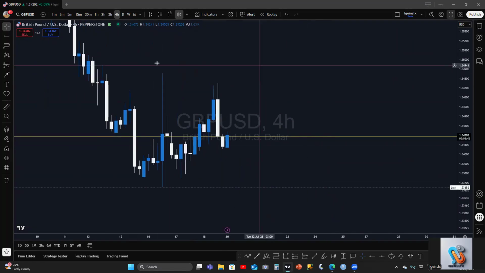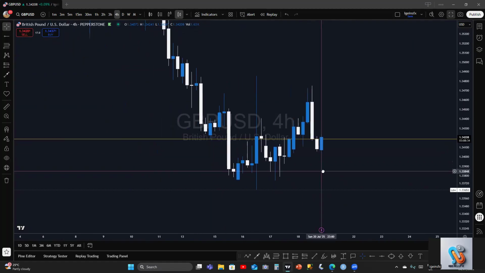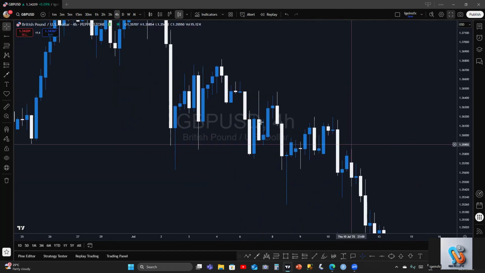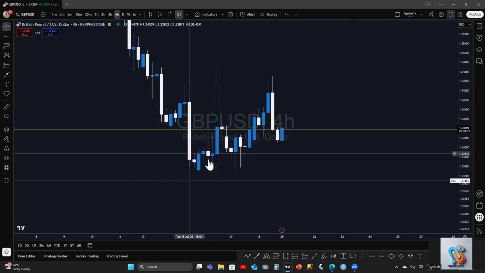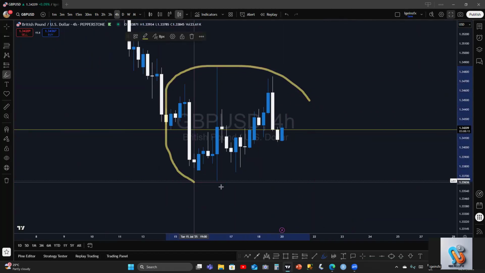As far as I'm concerned, this EURUSD, I'm just going to leave it the way it is until price gives me a clear direction on where it should go. But as you can see, it's been dropping. It dropped before this level here.